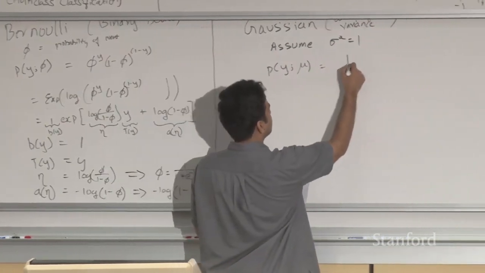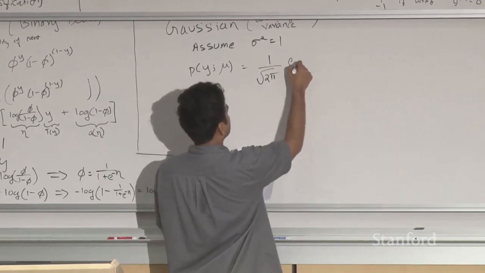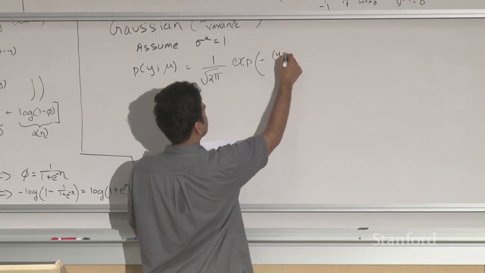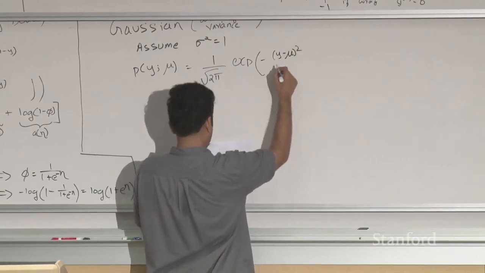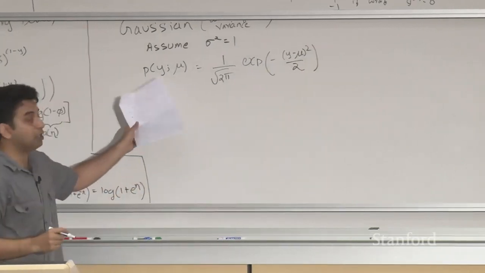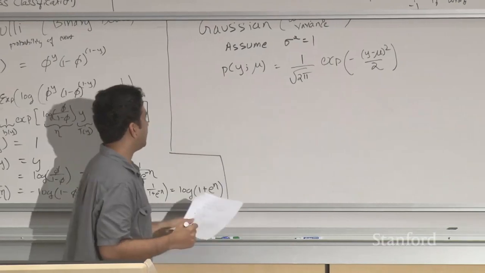P of y is equal to 1 over root 2 pi, e to the minus y minus mu squared over 2. So this is the Gaussian PDF with variance equal to 1.